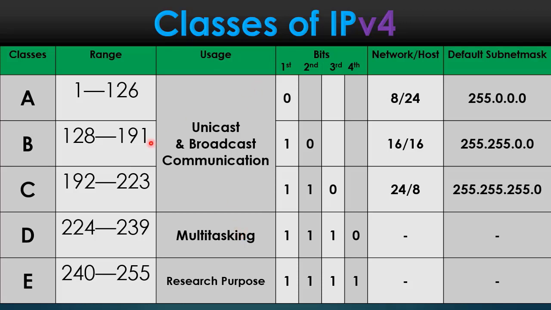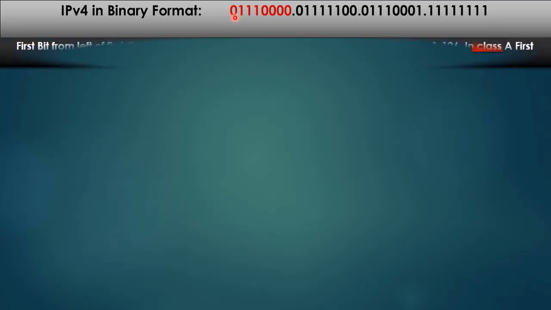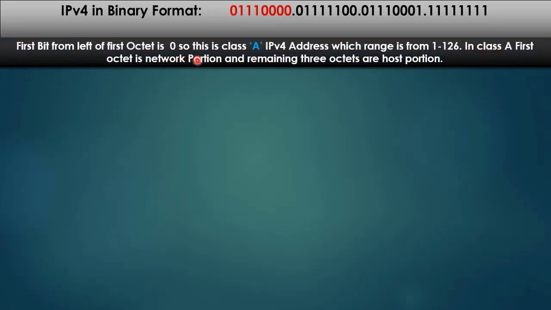A way to remember which class your IP address belongs to is to convert the IPv4 into the binary number system, and if the first bit of the first octet is 0, then this IP address is in Class A IPv4, whose range starts from 1 and ends at 126.